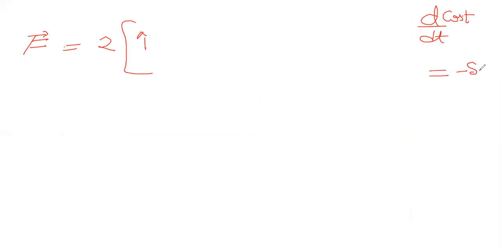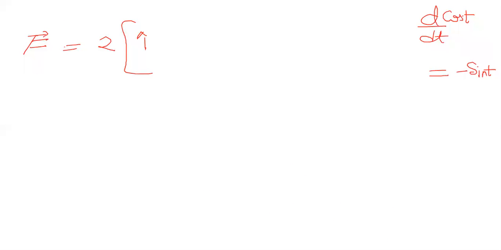So now F bar is equal to 2 outside, i cap into d by dt of cos t. Instead of theta, t is there, that's all. The answer is minus sin t. D by dt of cos t is so simple.